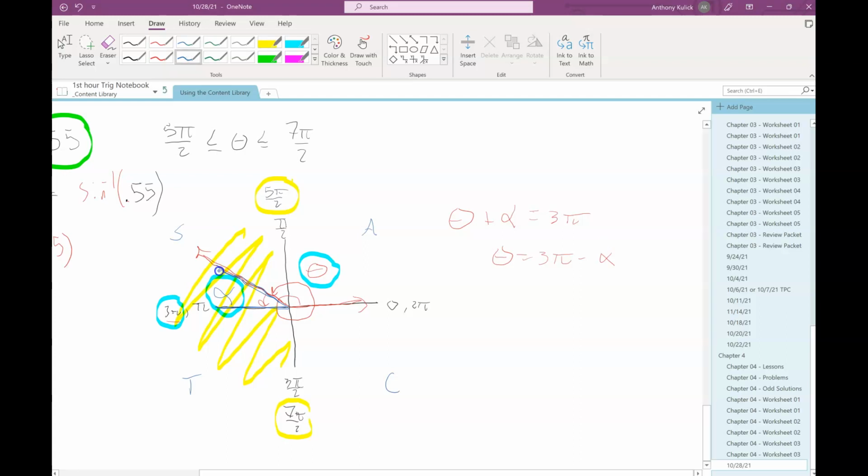Right, we said alpha was this angle measure, which is ostensibly the value of sine in the first quadrant. So for us, alpha is going to be the sine inverse of the absolute value of 0.55.